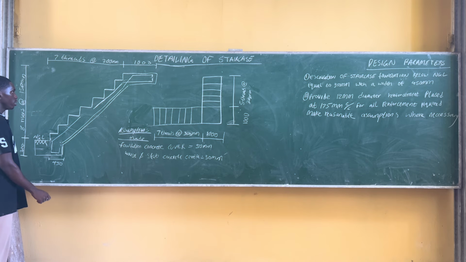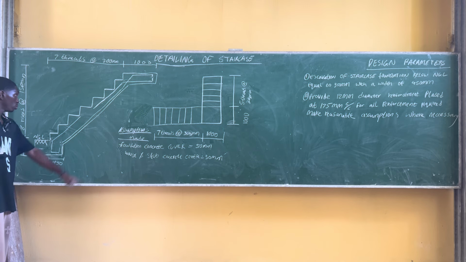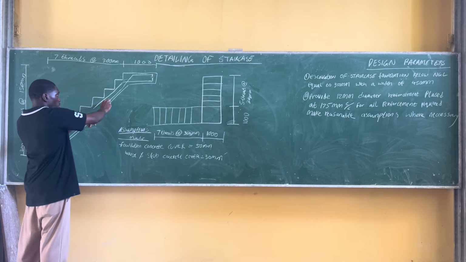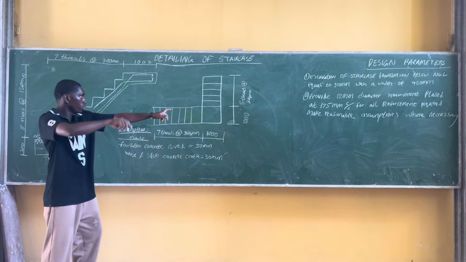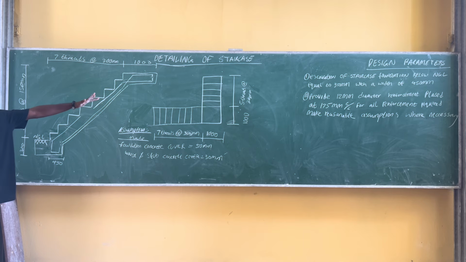So when designing this particular one, this bottom reinforcement is to turn to top at this slab. We'll get to that when you are doing the plan view of this. I'm starting with this first so that you guys won't be confused.